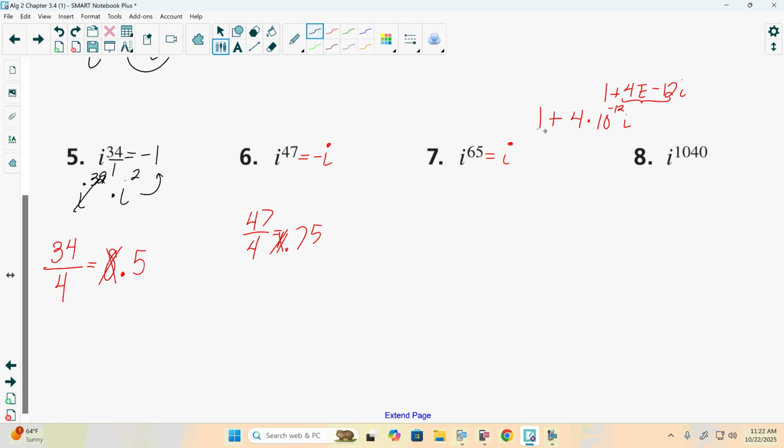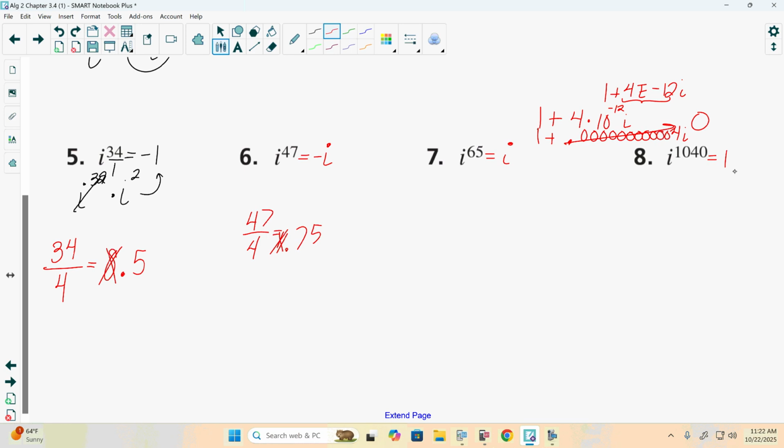So really what we have is 1 plus, we have to move it 1, 2, 3, 4, 5, 6, 7, 8, 9, 10, 11. That's really what that number is. And for all intents and purposes, that number might as well be 0. So it's really just telling us that this is 1.